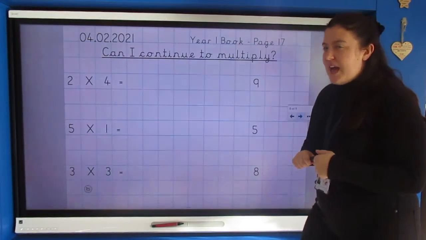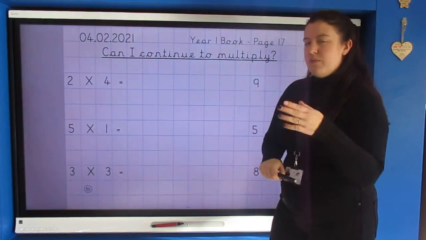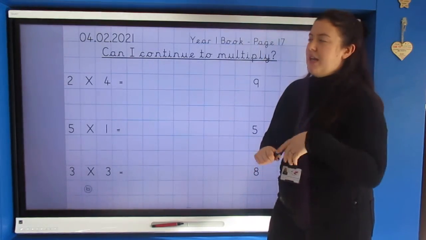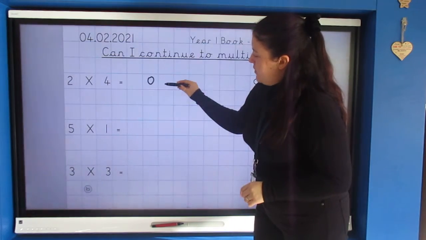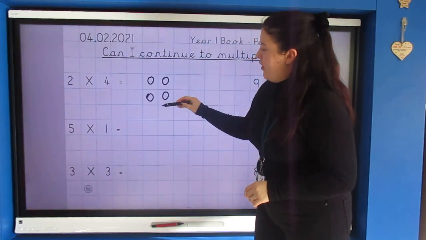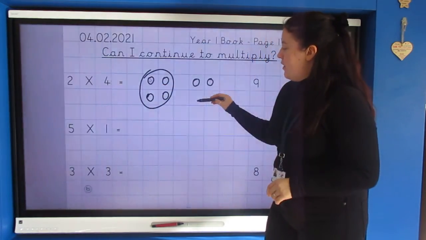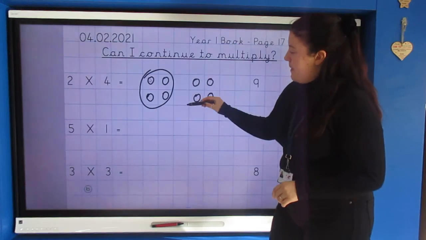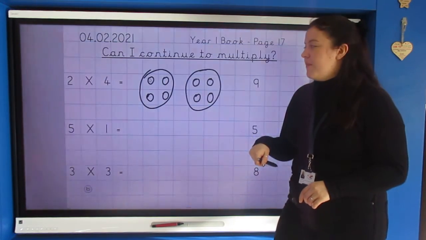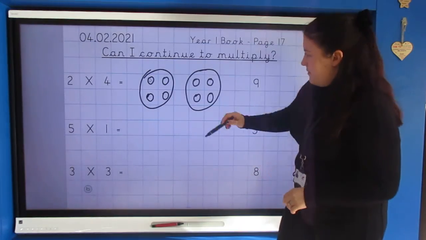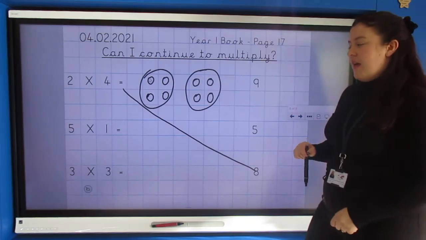So let's do some together. 2 times 4. You can use your objects, your number line, you can draw it. 2 lots of 4. 1, 2, 3, 4. There's my first lot of 4. 1, 2, 3, 4. There's my second lot of 4. How many have I got altogether? 8. So I'm going to look for the number 8 and I'm going to match it over there, okay?